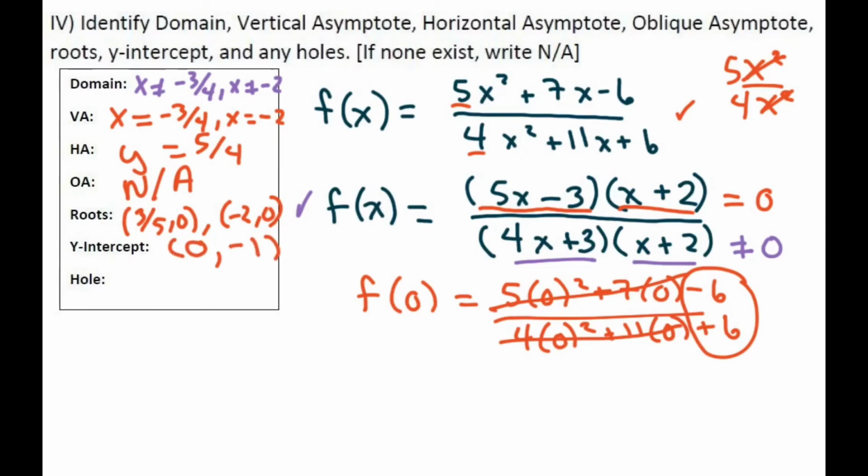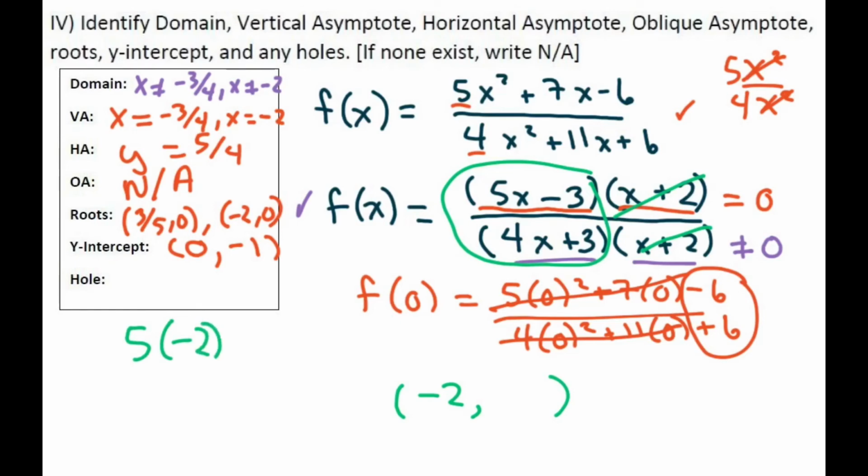Now in this problem we do have a hole because we can cross these out. So our hole is at negative 2. And when we plug negative 2 into our reduced equation, we get 5 times negative 2 minus 3 over 4 times negative 2 plus 3.